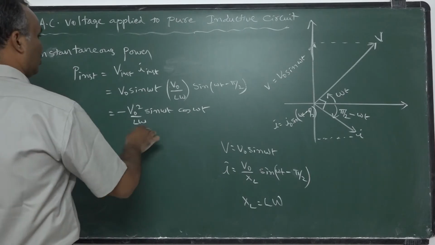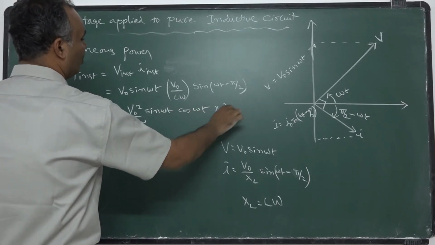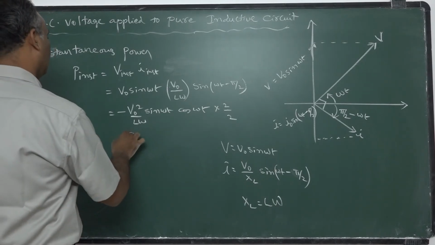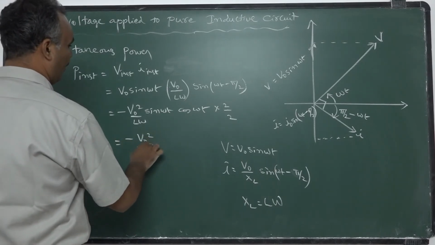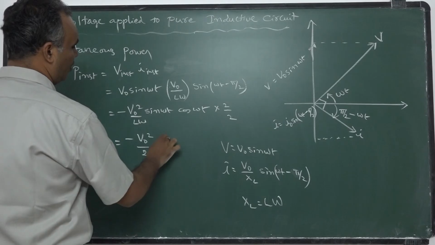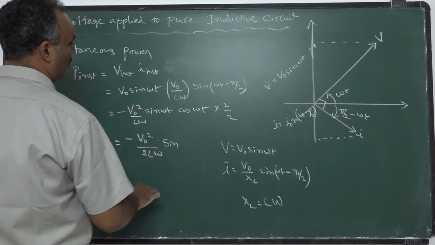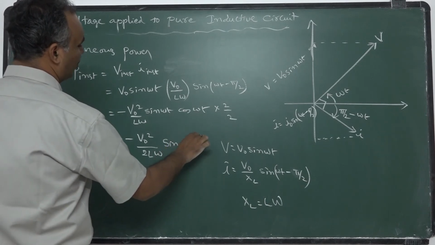And you know that if you multiply with 2 and divide with 2, 2 sin theta cos theta is sin 2 theta. So minus V naught square by 2L omega into sin 2 omega t.